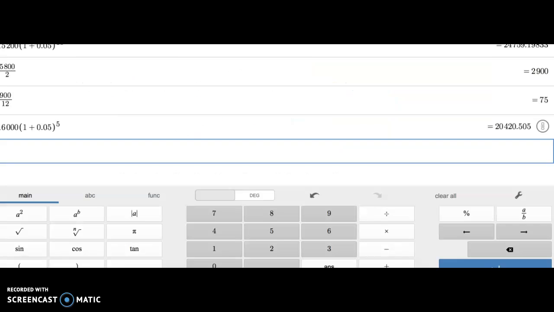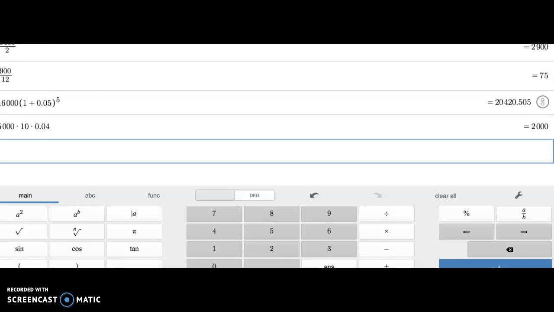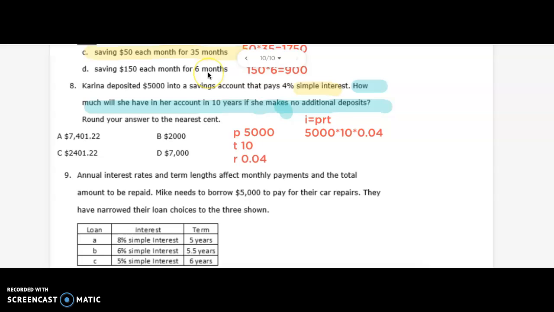And we'll do this in Desmos. 5,000 times 10 times 0.04, and it says 2,000 is my answer. So that equals 2,000. Okay, and we don't need the interest, we need the total amount. So that's 5,000 plus 2,000 to give you 7,000 as my final answer, D.